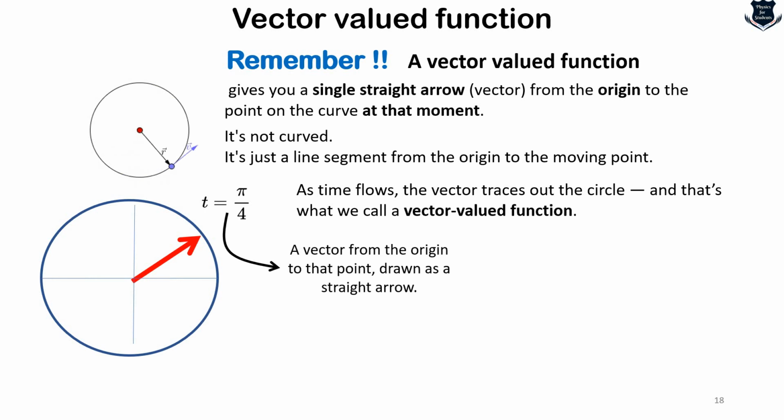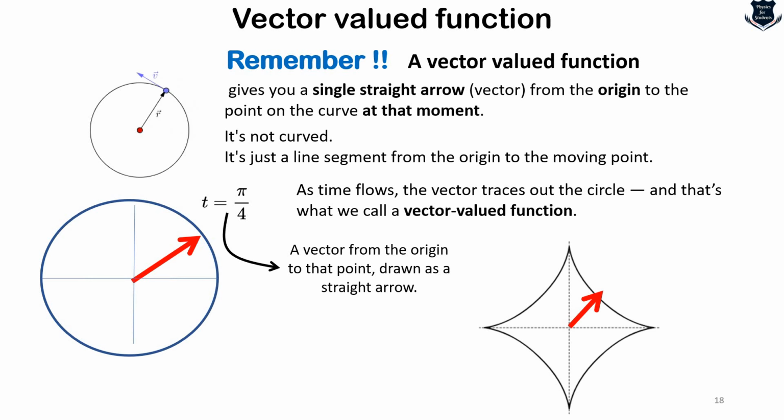What it will give at that specific point is the arrow, whatever the vector it is, from the origin to that point, drawn as a straight arrow. So the red arrow, as I was telling you, if you stop the movement, will be just a red arrow. That is the vector at a particular time t, where you have stopped the animation.